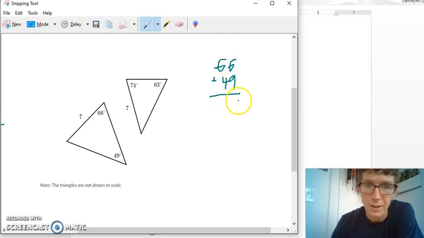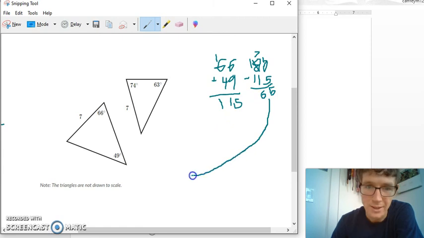That's 115. Now we just do 180 minus that, which gives 65. So that's 65, our angle that goes right here.